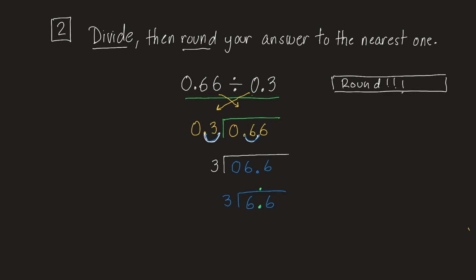And now that we're all done with that, we can start dividing. So I'm going to actually come over here and do the long division part. Here we go. So 3 into 6.6. Divide, put your answer up, multiply, put your answer down, subtract, put your answer down, and then bring another number down. 3 into 6 is 2.